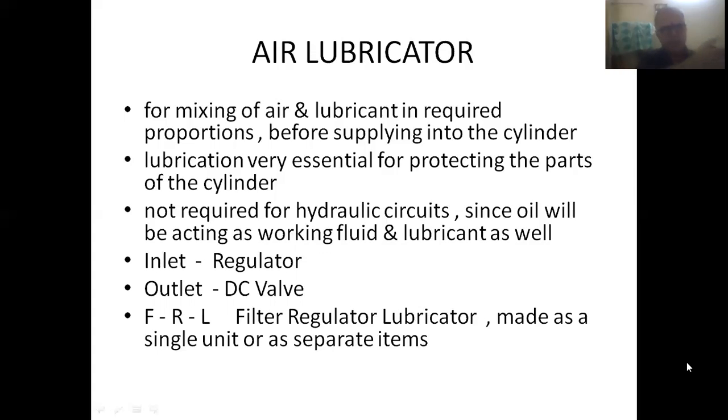Therefore, it will be receiving air from the regulator, and it will be mixing air and oil in required proportions. And finally, it will be sending the mixture into the DC valve. So friends, as I've already told you, these elements are placed in this particular sequence: filter followed by regulator followed by lubricator. So it is referred to as a FRL circuit.